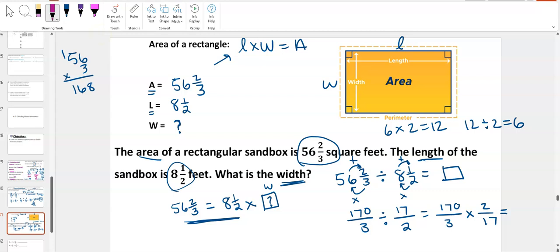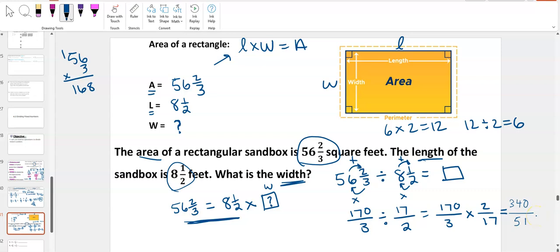Okay, so I'm going to show you both ways. So let's do it the normal way first. Let's do 170 times 2, which is going to be 340, over the 17 times 3, which is going to be 51.